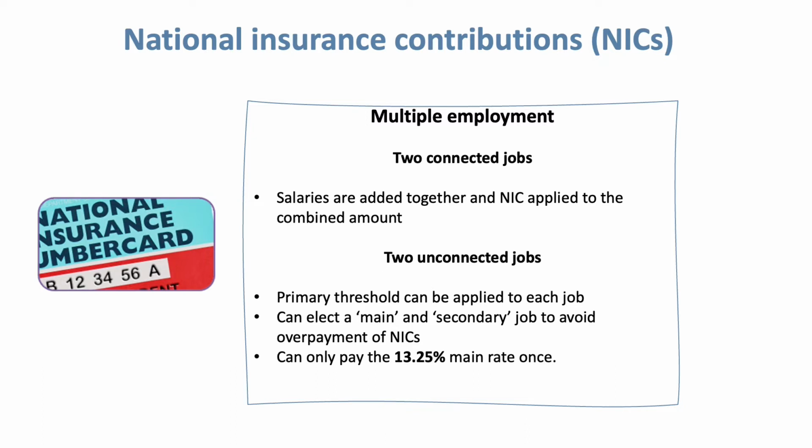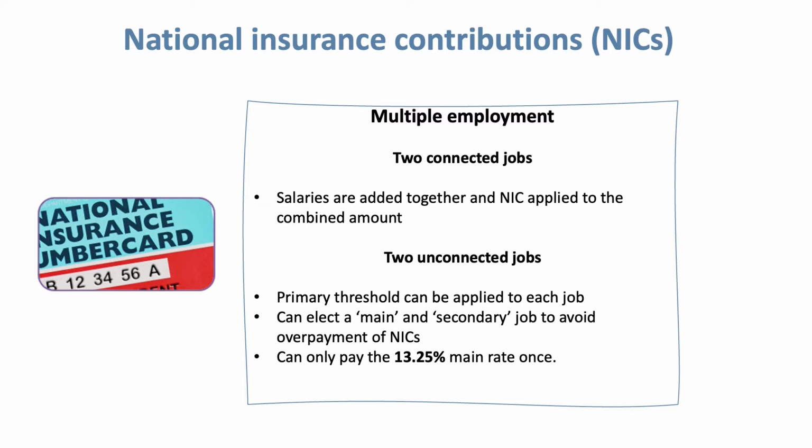If they are genuinely unconnected, then you can apply the primary threshold to both your jobs. So if you work in the day in a bank and at night in the pub, then technically you can apply the primary threshold to both of your jobs and have the first element of your earnings taxed at 0%. It's all about encouraging us to get jobs to make ends meet, really.